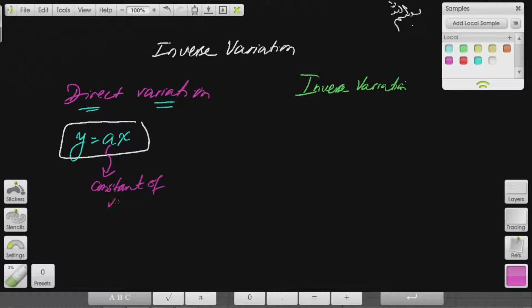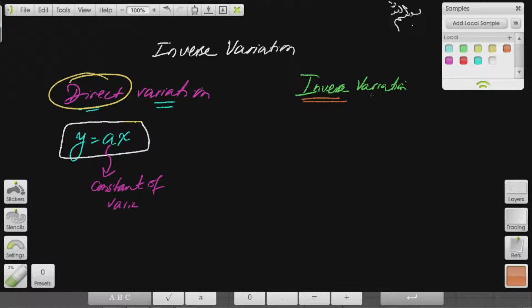So if two variables are related directly, their relationship is described by this function, y equals a x, and a is the constant of variation between them. That's a direct variation. We've done that in Algebra 1.